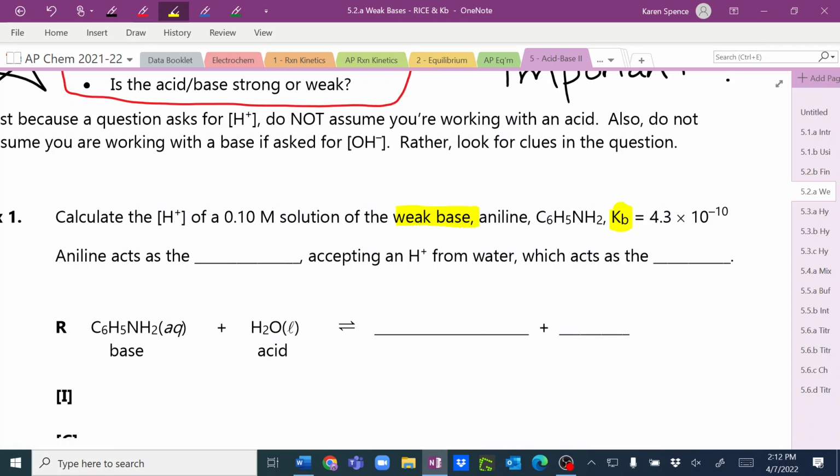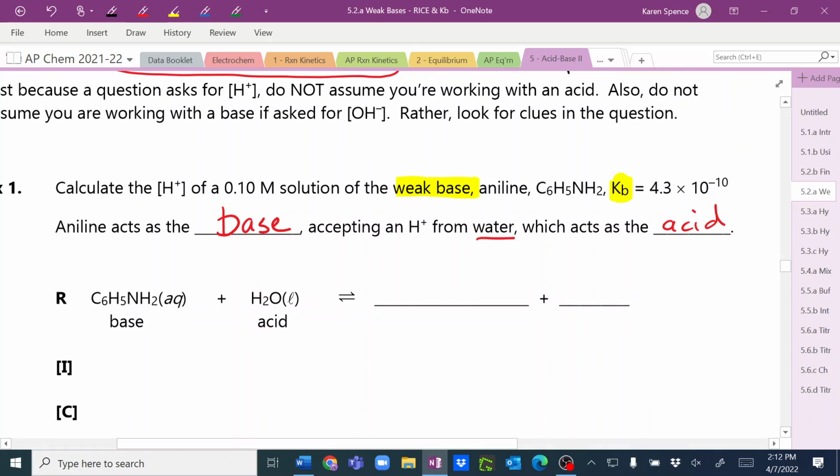So aniline is going to act as the base, accepting a hydrogen from water, and water acts as the acid. So what are the products of that reaction?